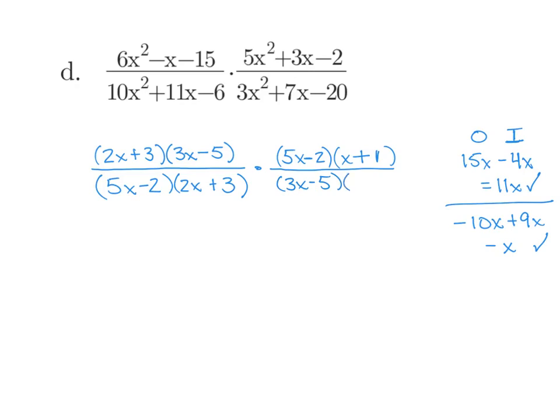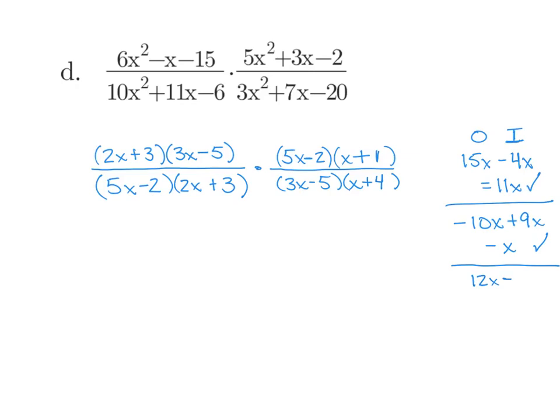So my second factor, we get 3x squared is 3x times x, and negative 20 is equal to negative 5 times positive 4. All right, quick check. If we do our outsides, 3x times 4 is 12x.